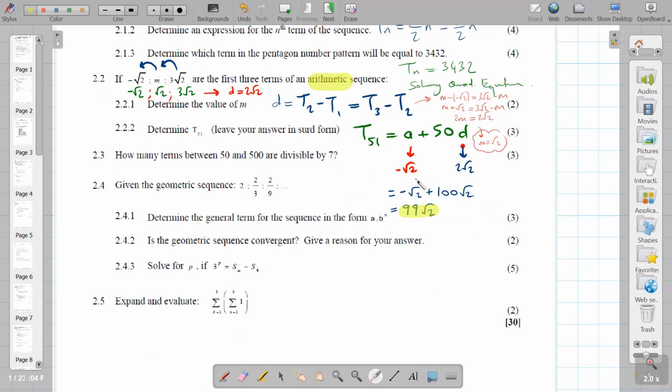All right, so that's how we solve 2.2. 2.3: how many terms between 50 and 500 are divisible by 7? To approach this question, or even the next one, let me just have an idea.